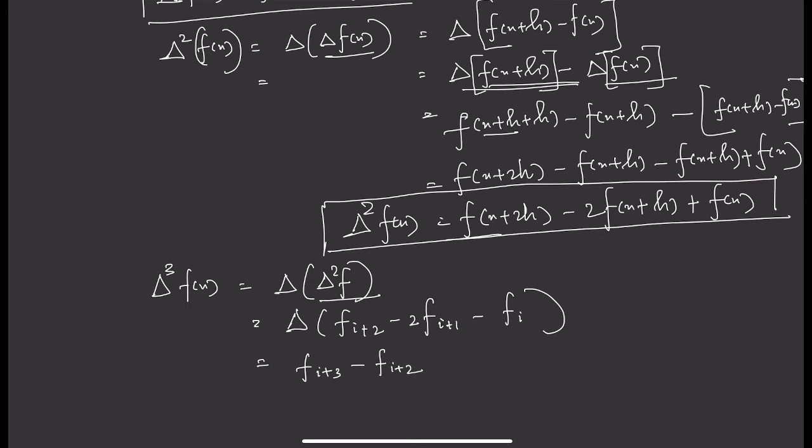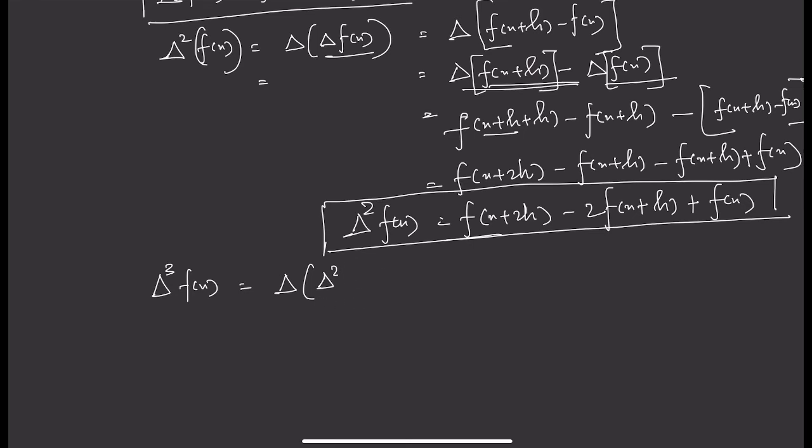No, I think this is very confusing for you. Okay, I'm going to simplify this one like this: f of x. So we have studied del of f of x plus 2h minus 2 into f of x plus h plus f of x.